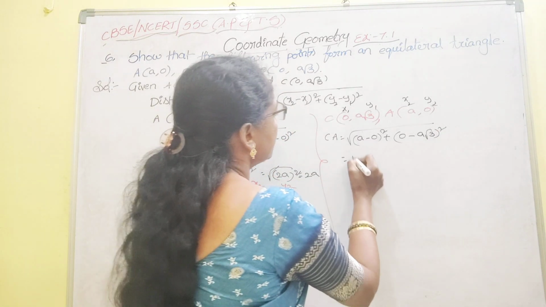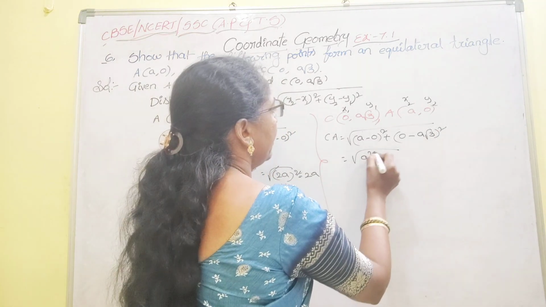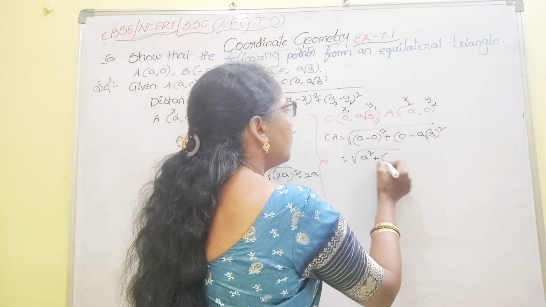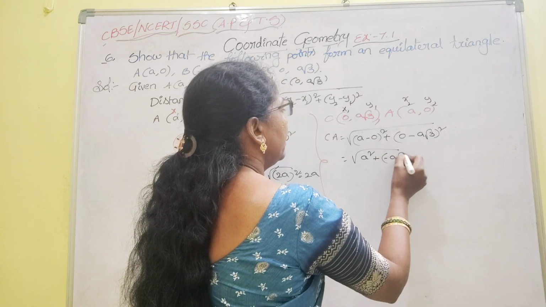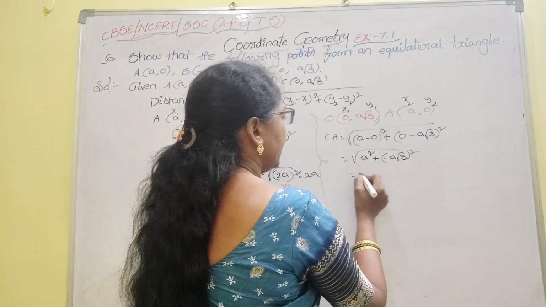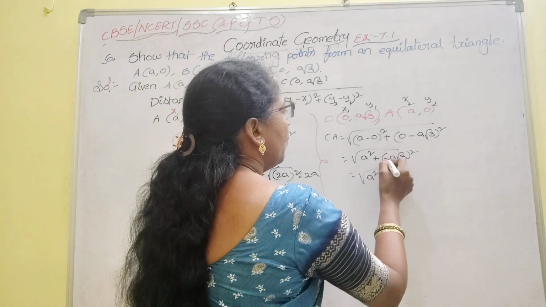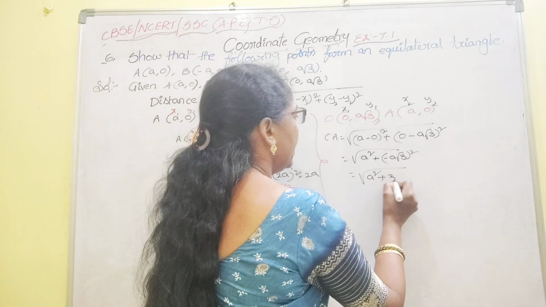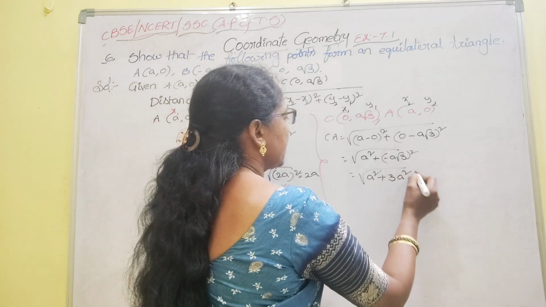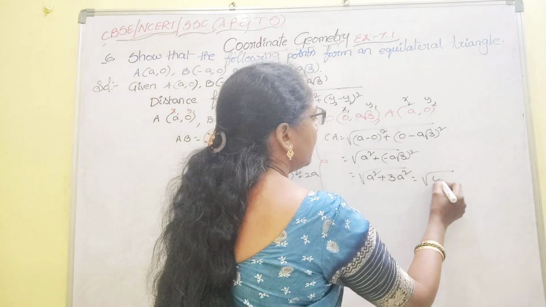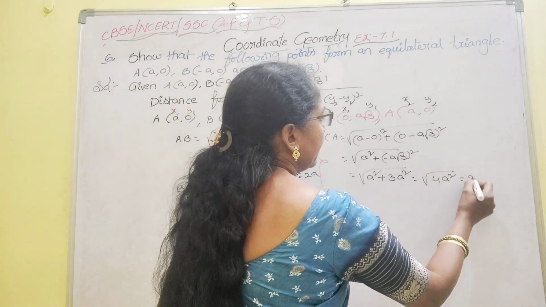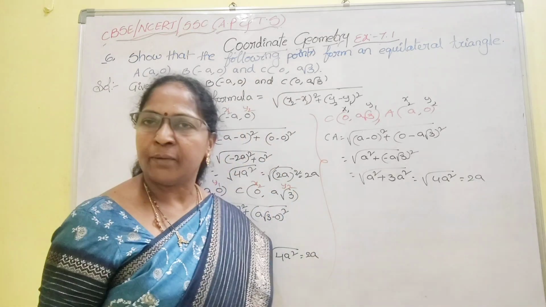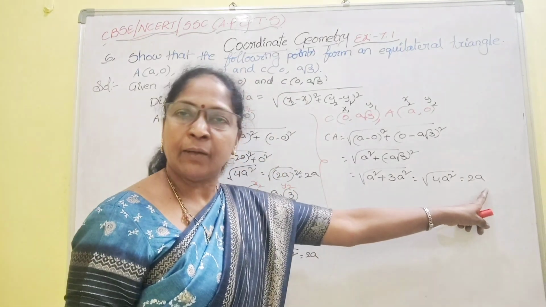That equal to square root of a square plus of minus a root 3 whole square, that equal to a square, minus into minus plus, where root 3 whole square equal to 3, a into a is a square. That value equal to square root of 4a square, that equal to square root of 4 equal to 2 and square root of a square equal to a.